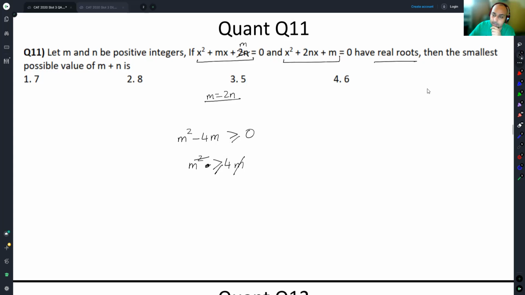Cancel and cancel. Is this cancelling of m fine, people? How did we replace m? Just by looking at the coefficients of the equations. Look at the equations side by side, the coefficient of x and the constant.